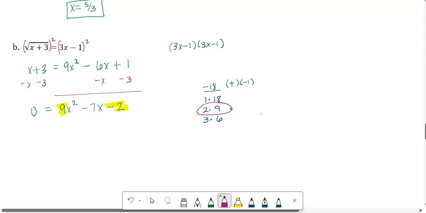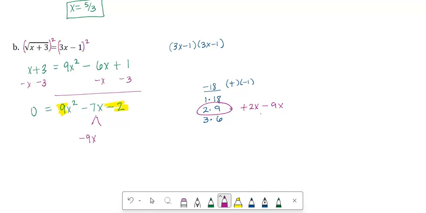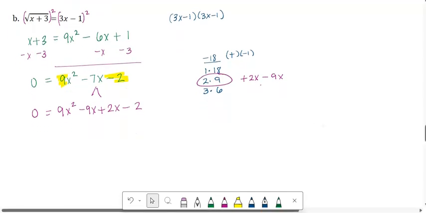I want the 9 to be negative. I want to have a plus 2x and a minus 9x. So I'll split the middle term. I'm going to put the 9x here, so it'll be next to the 9. It doesn't matter how you split the middle term up, but I'm just putting this together. It'll make the factoring a little bit easier.